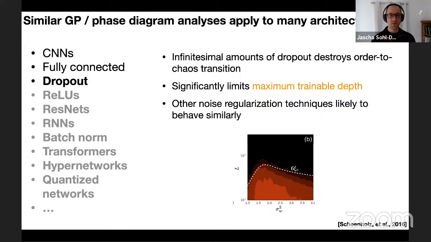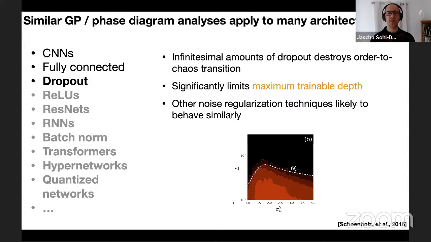The color of the pixel corresponds to the achieved training accuracy, where redder corresponds to higher training accuracy, and this is training for some fixed number of steps. The dashed line is a multiple of the characteristic depth scale chi-c, and indicates our prediction for the maximum trainable depth.